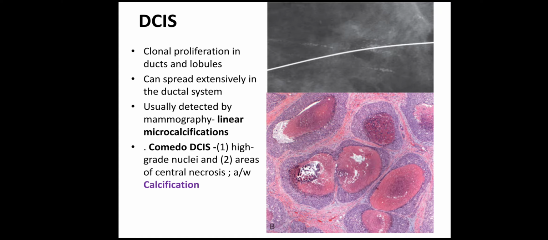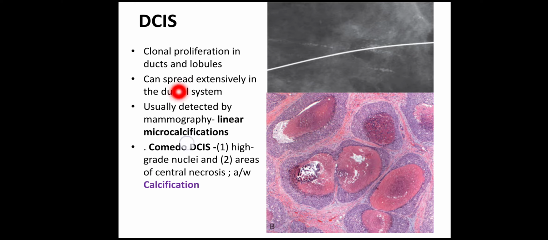Now first we come to DCIS. In DCIS there is clonal proliferation in the ducts and also the lobules. So it is no longer only confined to the ducts, it can also involve the lobules, but what is important is the type of cells which are proliferating.